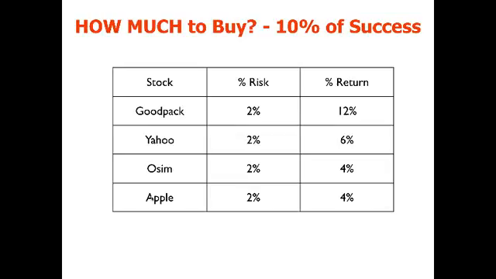I can live with that. But if all 4 of them hit their profit target, I make 12% plus 6% plus 4% plus 4%. That's a pretty good return. But of course, in reality, we may not win all our investments or lose all our investments. It's a law of probability. So we aim to be right more than half the time.